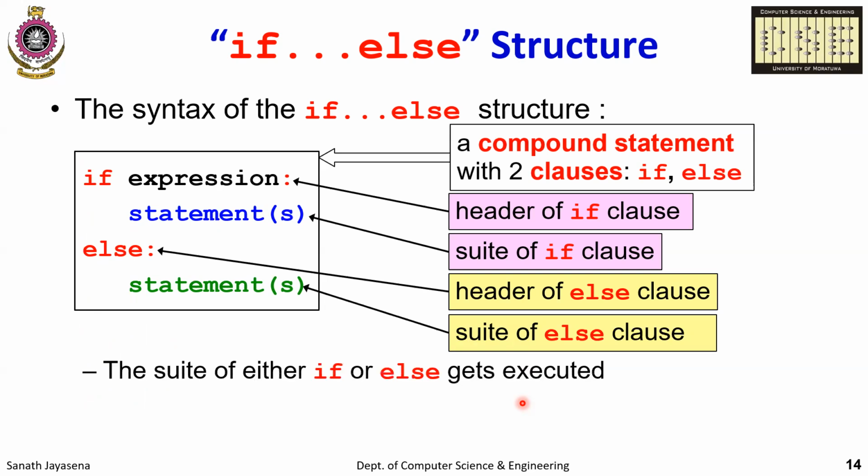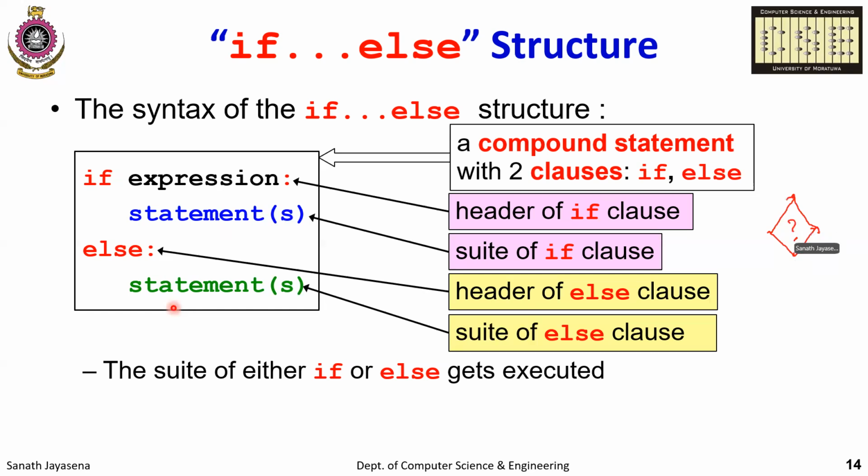So how does this work? Simply, the suite of either if or else will get executed, not both, only one of them. If the expression is true, the statements here will get executed and the else part will get skipped. If the expression is false, the blue color part will get skipped and the green color statements will be executed. It's exactly what we meant in our selection structure.